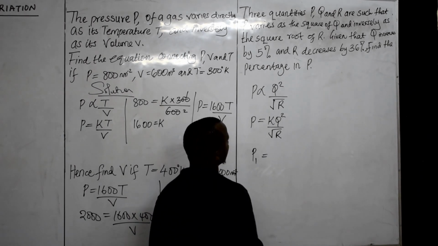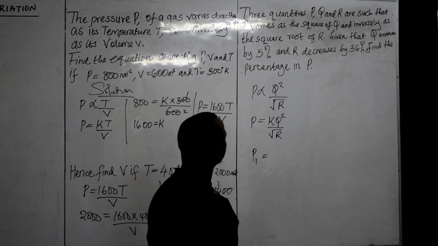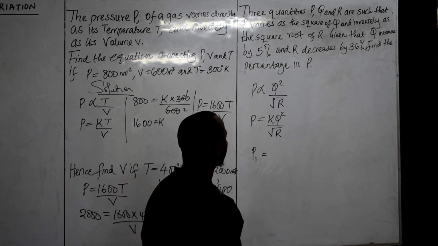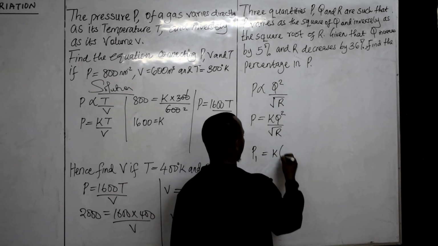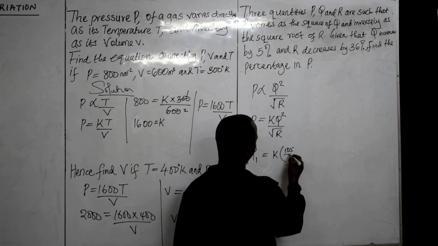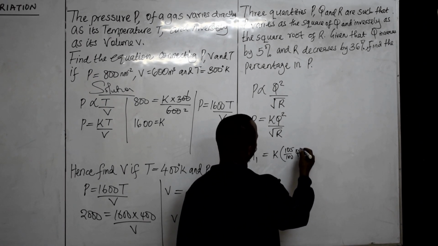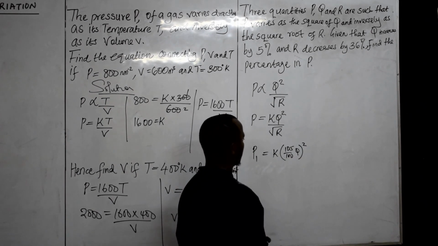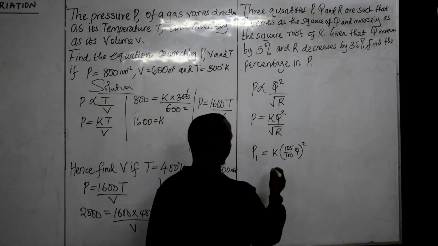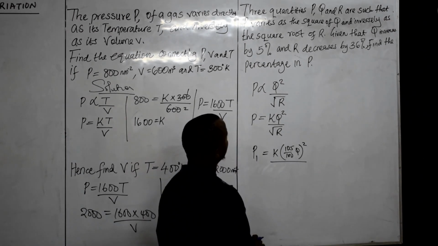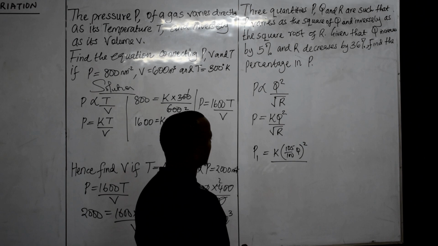We are told Q increases by 5%, so the new Q will be 105 over 100 squared. Then we are told R decreases by 36.